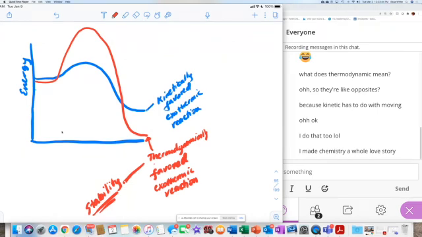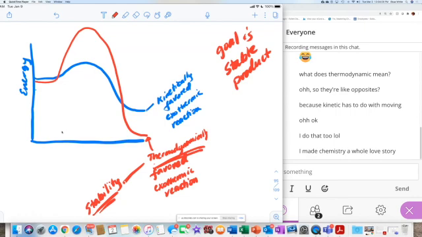And worth it here has to do with stability. If your goal is a stable product, then you want to go the thermodynamic way, because that will give you stability. It will cost you time, but you will get a more stable product.